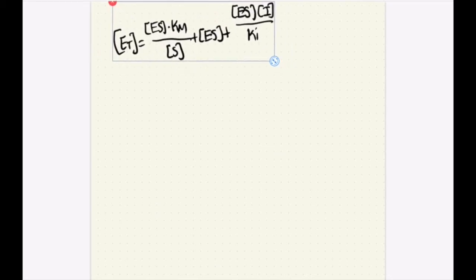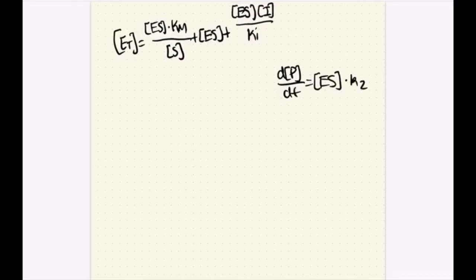we can isolate the enzyme substrate complex because, again, our goal is to plug this back into our product concentration change over time, which is the enzyme substrate complex concentration times the K2 rate parameter. To do this, we first isolate the enzyme substrate complex concentration, so it's this value right here.